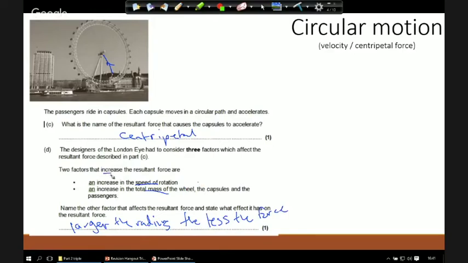Okay, and I'd be inclined to include the way that it affects it, because you can see here that 2 factors that increase the resultant force are asked for. So I've included that the larger the radius, the less the force, or the smaller the radius, the more the force. Okay.